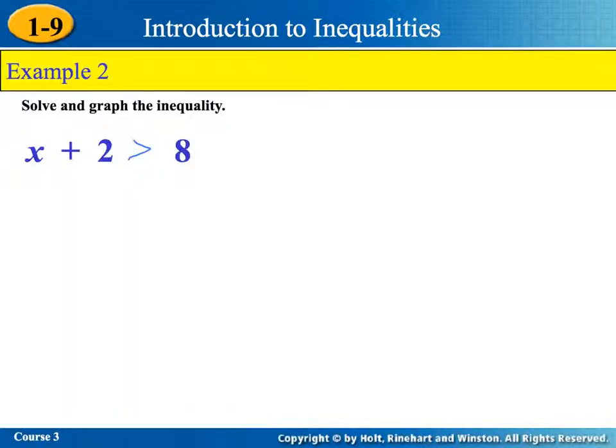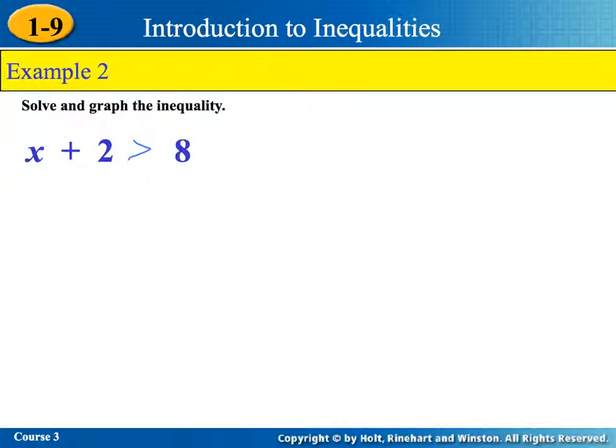You don't have to pause it. I want to show you it, and then I'm going to have you do this by yourself. Now, if you look at this, we have x plus 2 is greater than 8. Because this is an inequality, we still solve this the same way we would solve x plus 2 is equal to 8. How do we do that?